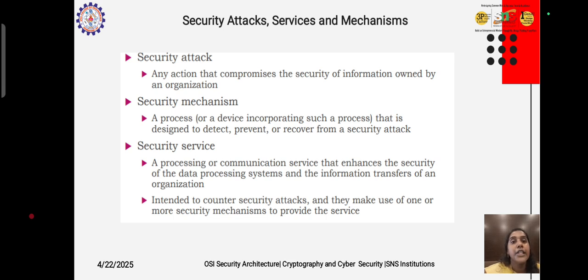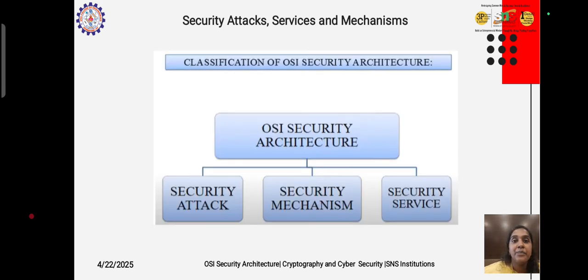These services are provided whenever they are used by a system or by an organization at any level. All these three things, security attack, security mechanism, and security services, are the basic concepts of cryptography, which we are going to see in further lectures. Thank you.